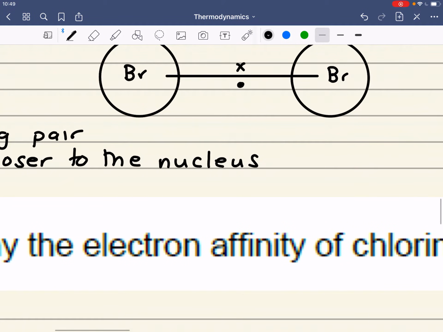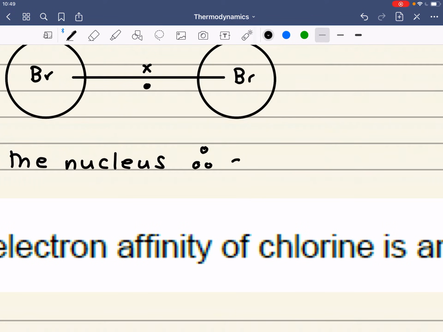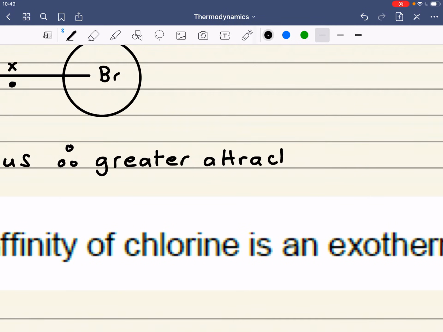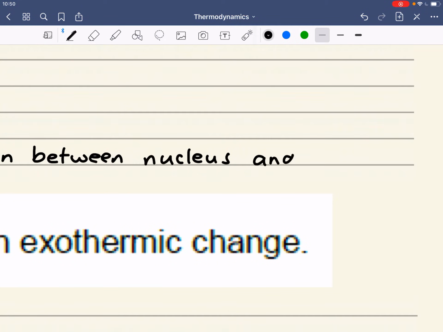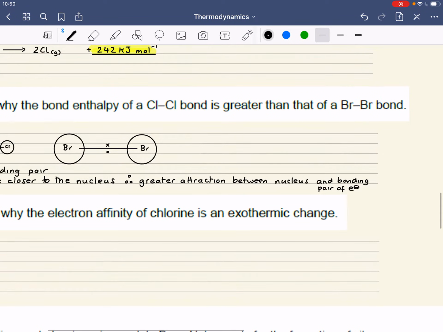And then you need to justify it saying, therefore, greater attraction between nucleus and bonding pair of electrons. So that's what you would say for this one.